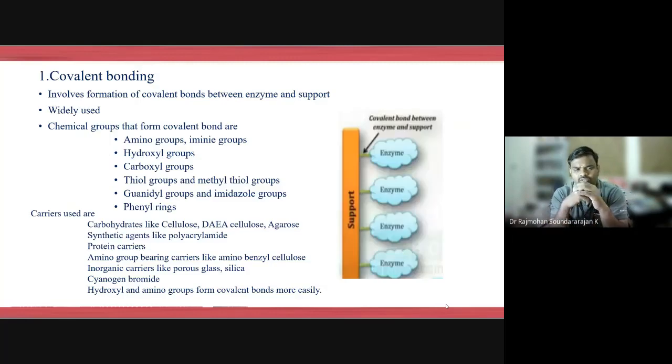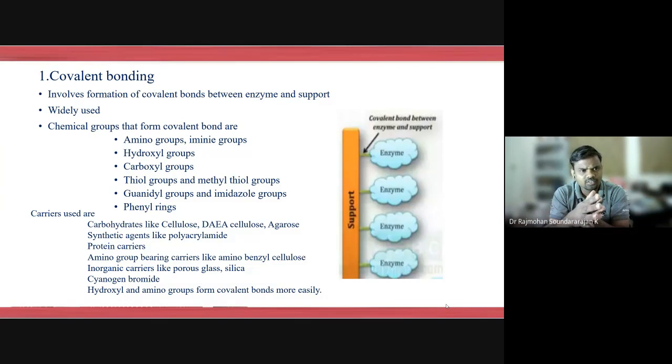Looking at covalent bonding, whenever you talk about the bond, the chemical groups that will form the covalent bonds should be known. For example, amino groups, hydroxyl groups, carboxyl groups, thiol groups, methyl thiol groups, and phenyl rings.